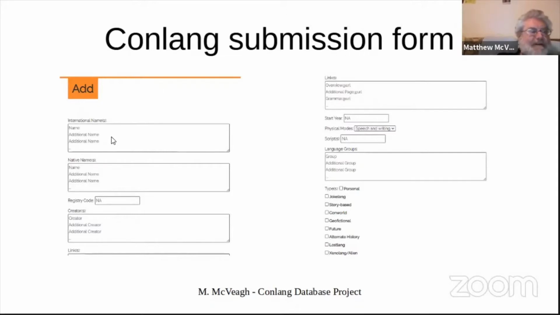Each of those 3 on the left there have room for several lines. On the right hand side in types, you've got a list of types with checkbox icons next to them, so you can check any combination of those. So it could be both a lost lang and a conword lang or something like that. Of course, this is how it looks at the moment. It will change as we edit that form and change the layout and the appearance and that kind of thing.